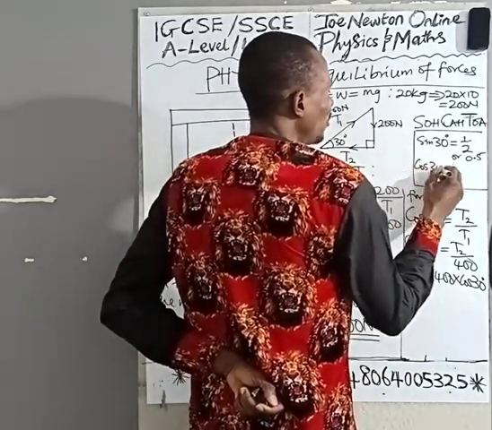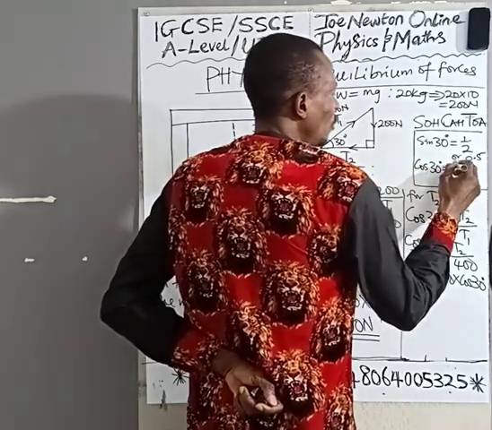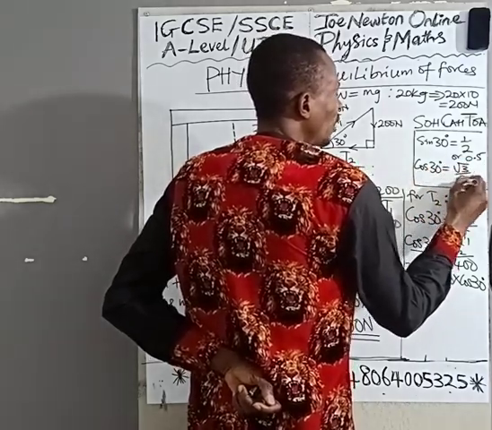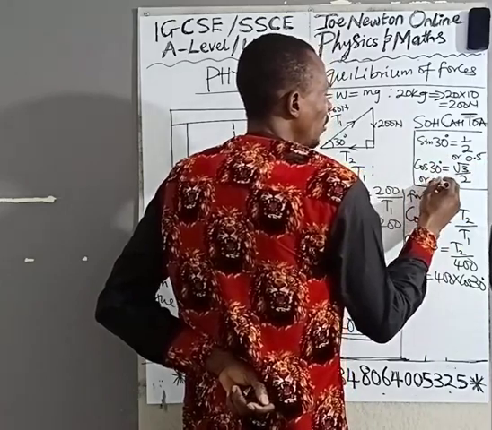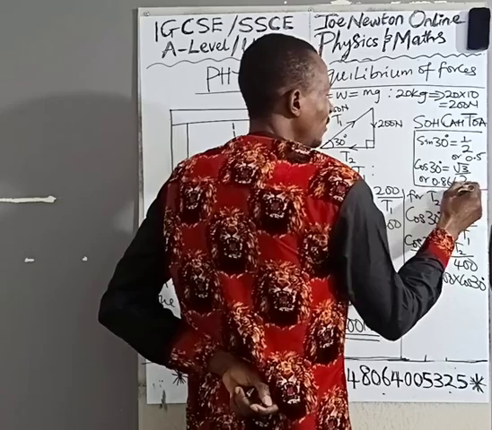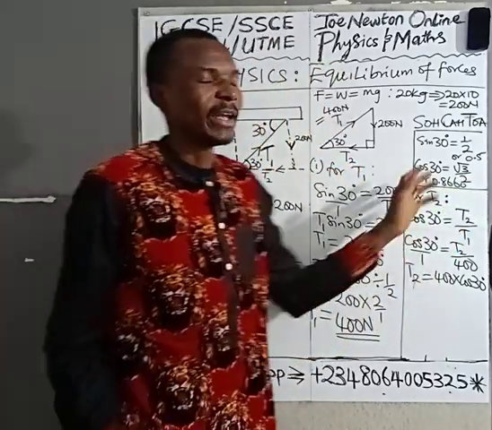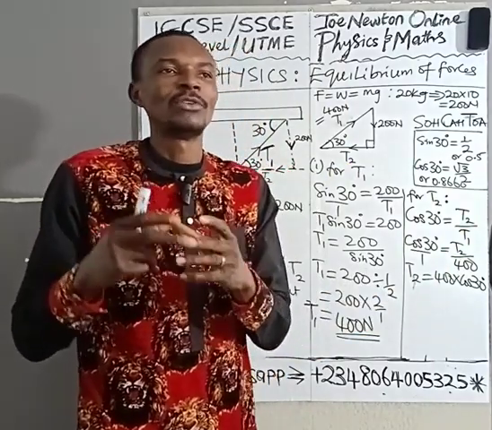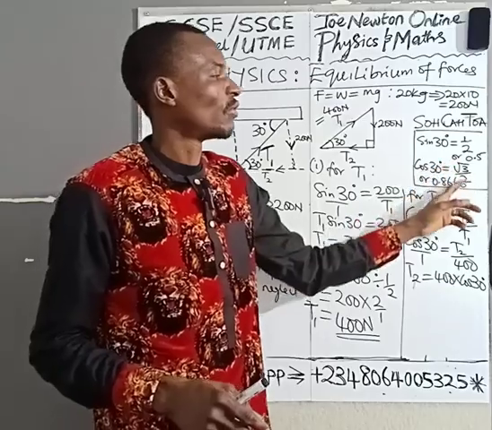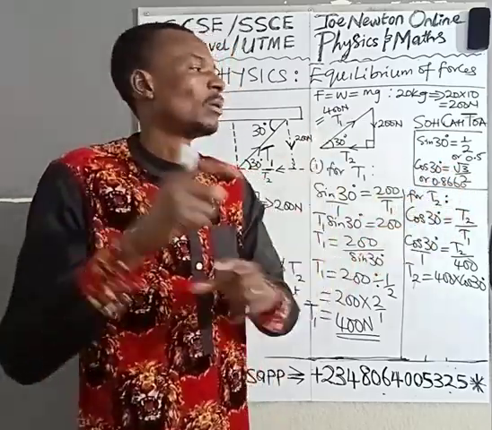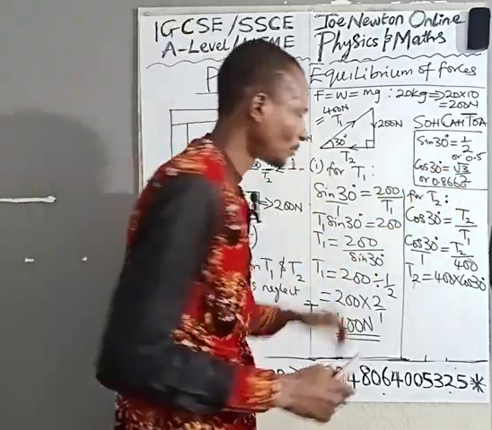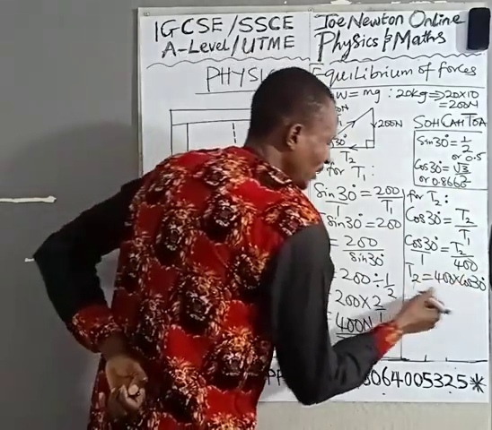Cos 30 degrees is equal to root 3 over 2, or 0.8660. In our trigonometry ratio functions, we have that cos 30 is root 3 over 2, which is complementary to sine 30.